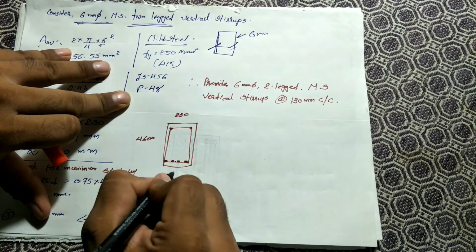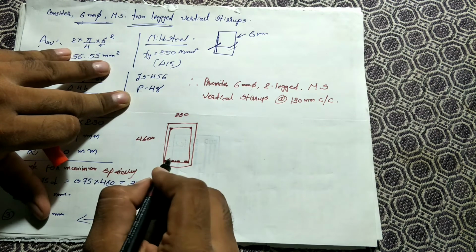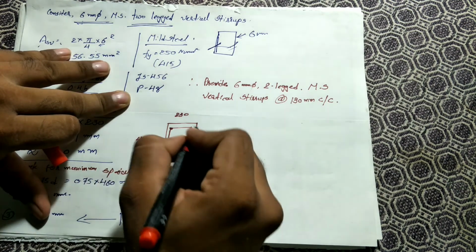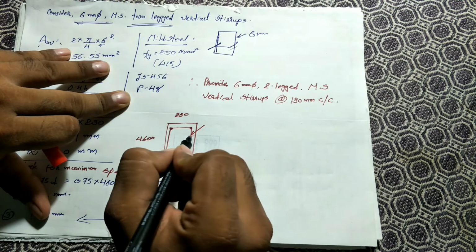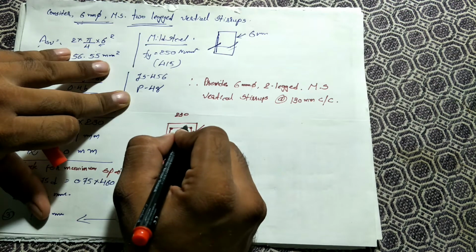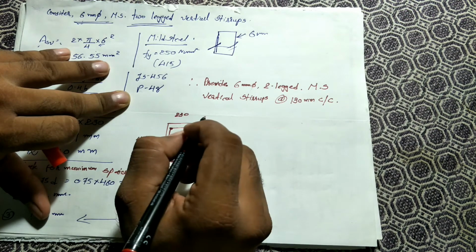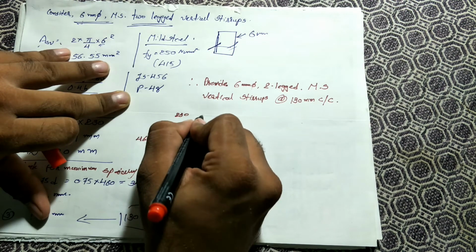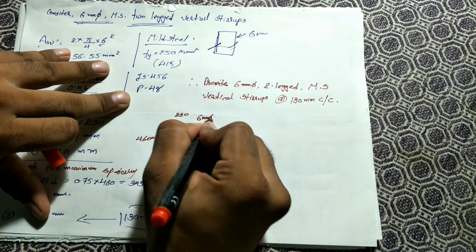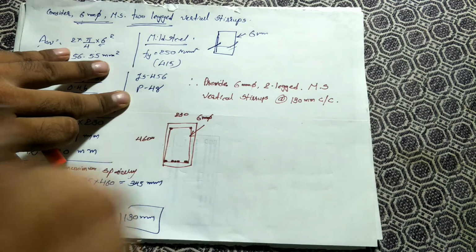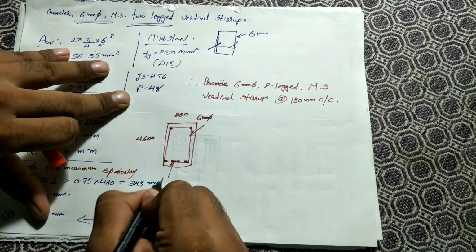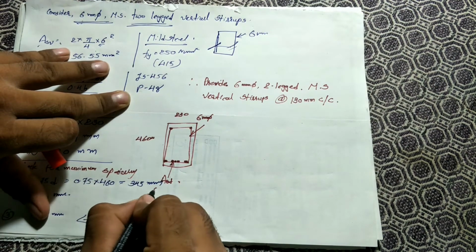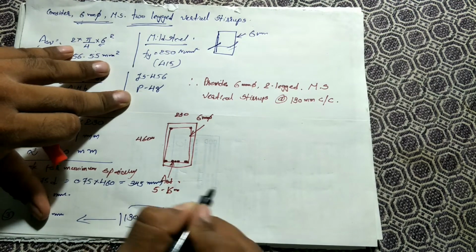This is your main steel. This reinforcement is your 6 mm dia vertical stirrups, two-legged. These are all your main area of steel, which is 5 numbers of 16 mm dia.